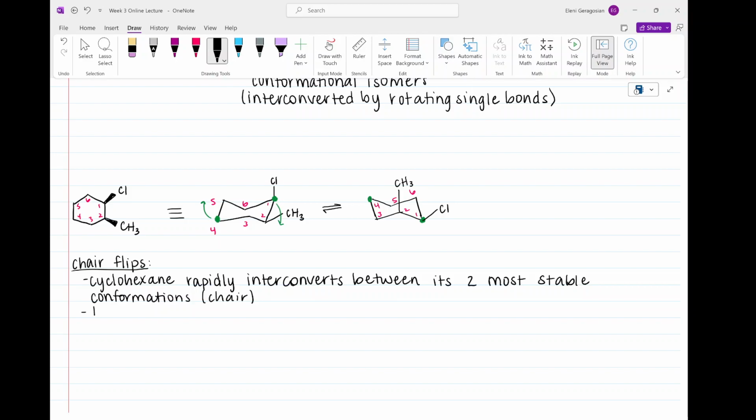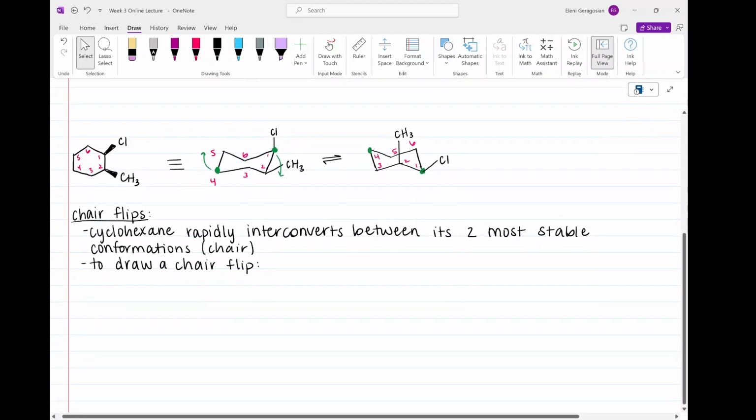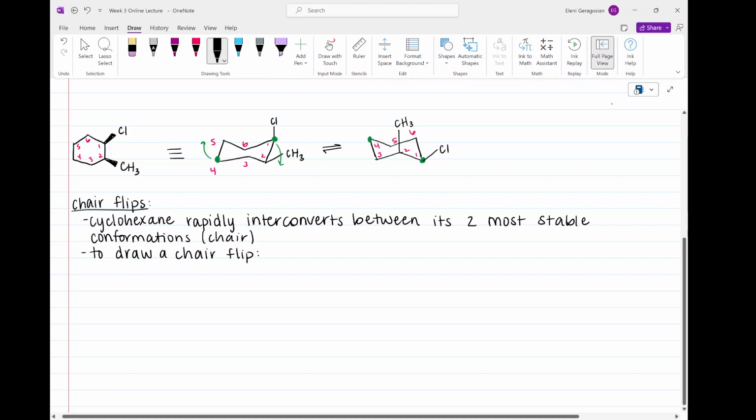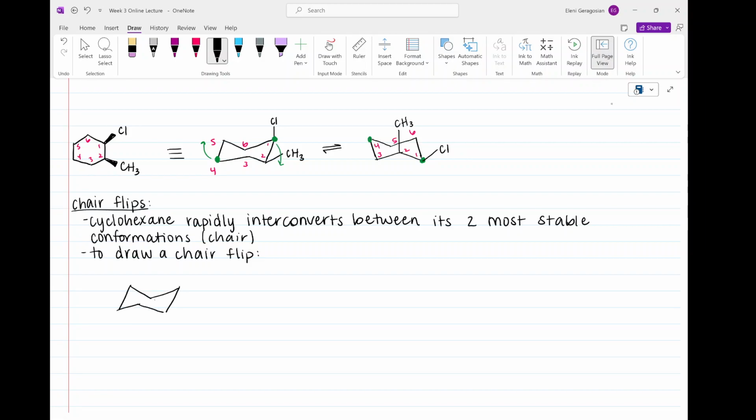And so to draw a chair flip, we'll do a chair conformation without any substituents first, and then we'll do a chair conformation with substituents.